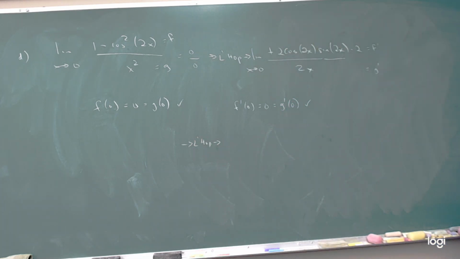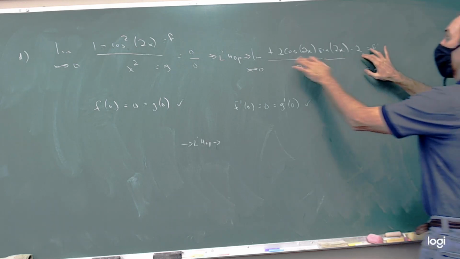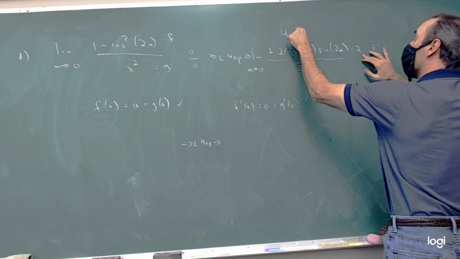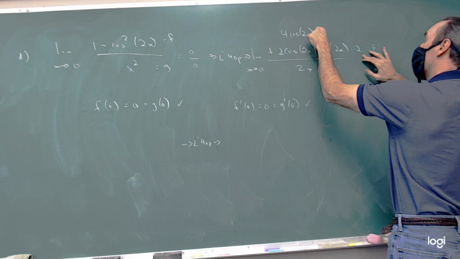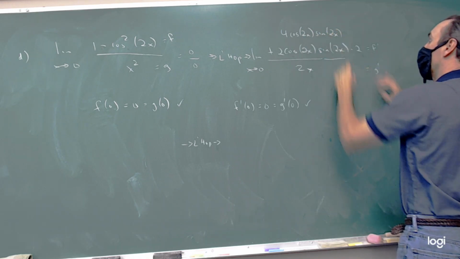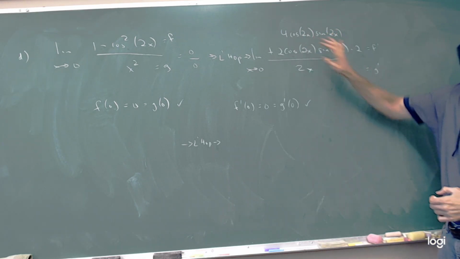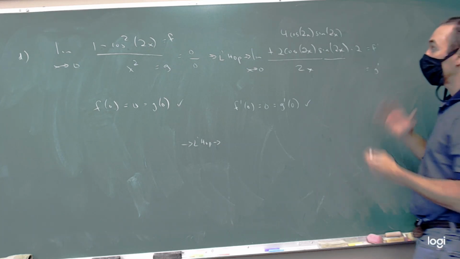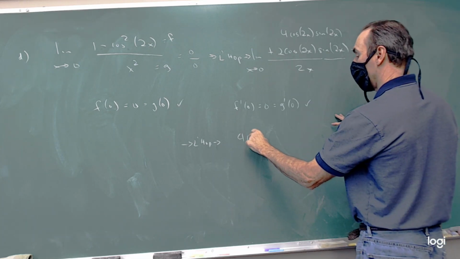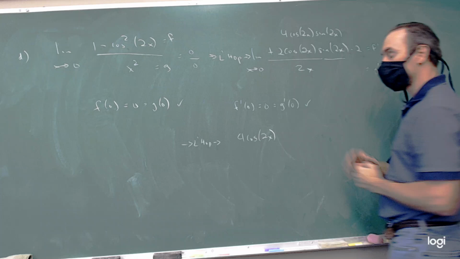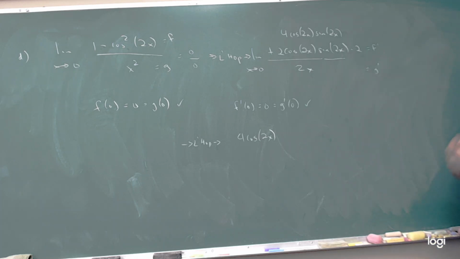Okay. Well, let's clean this up a little bit. I'm going to call it 4 cosine 2x sine 2x. So now we're going to do a product rule again. So we have the first, that's the 4 cosine of 2x, times the derivative of the second.